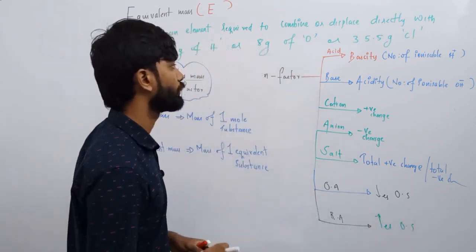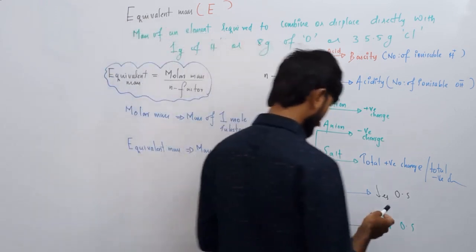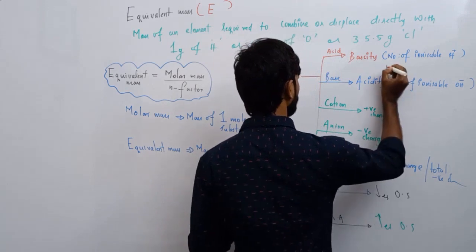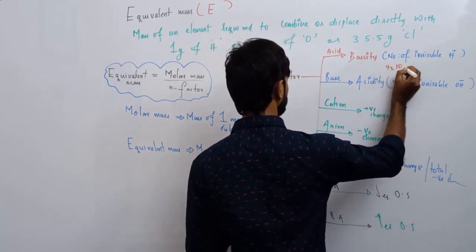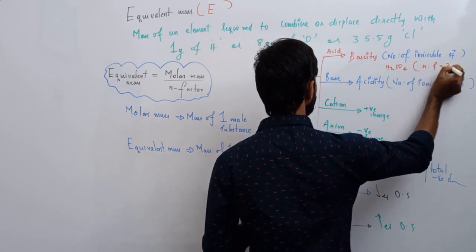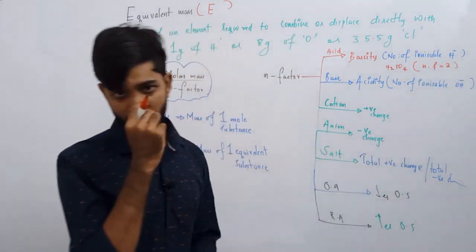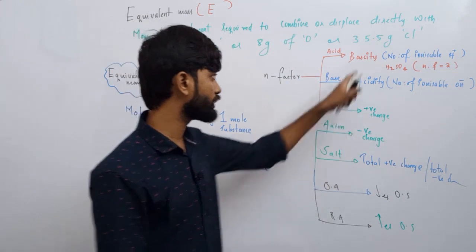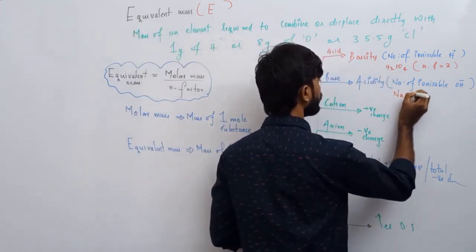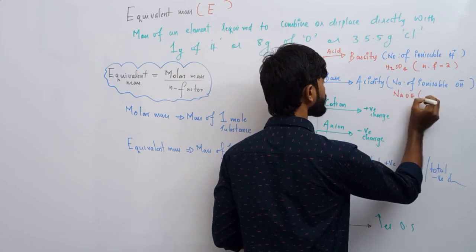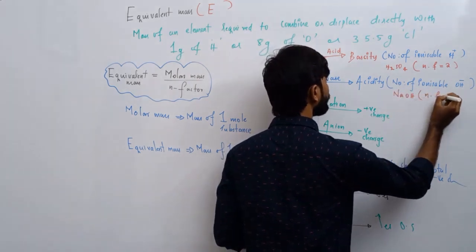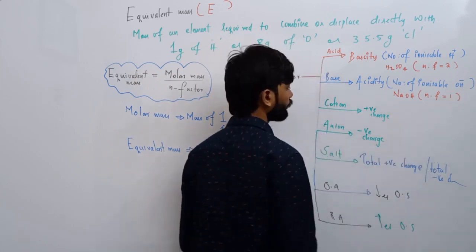I'll give you some examples. If I have H2SO4, the number of ionizable hydrogen present in sulfuric acid is 2, so the n factor of sulfuric acid is 2, because its basicity is 2. For NaOH, the number of ionizable OH minus is 1, so the n factor of the base NaOH is 1.